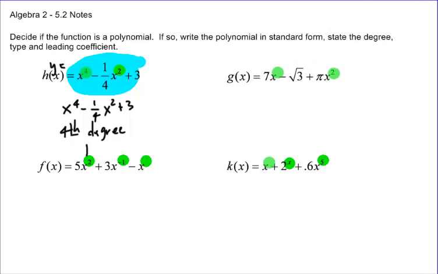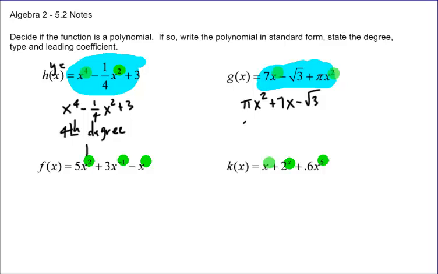And the reason he's a polynomial is that all of our exponents are positive integers, or 0 for an integer. So in standard form, this would be the largest degree on the left: pi times x squared plus 7x minus the square root of 3. This is how that polynomial would look in standard form.